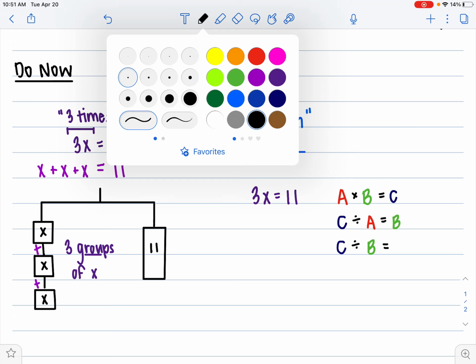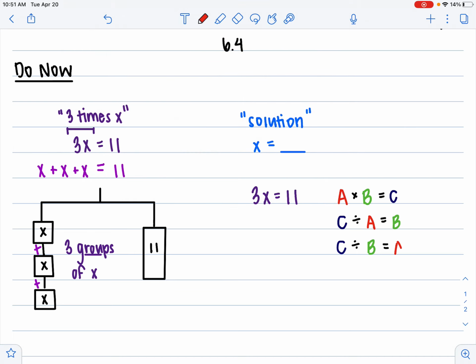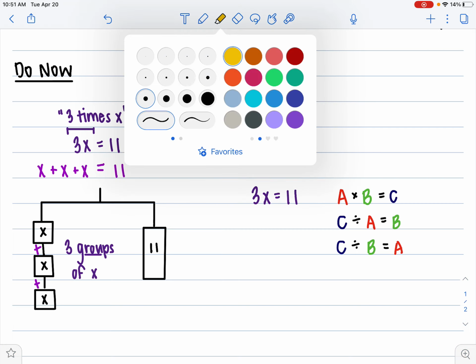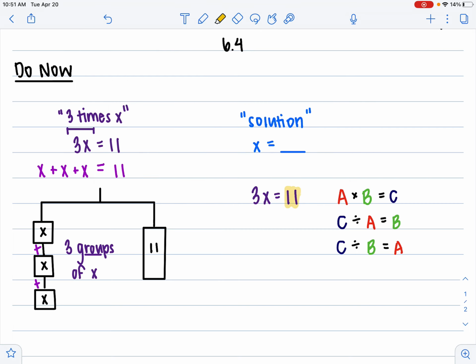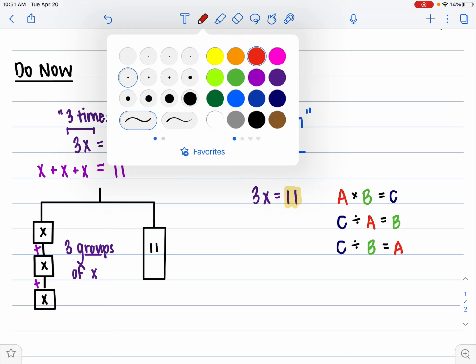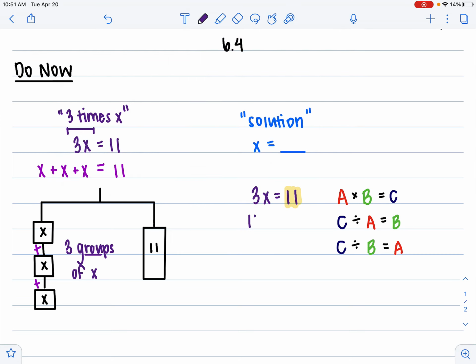And that same logic applies here, even though we're working with a variable. So I know that I have 3 times x equals 11. So think of it this way. If I know that 3 times x is equal to 11, I also know that 11 divided by either 3 or x is going to equal the other factor.